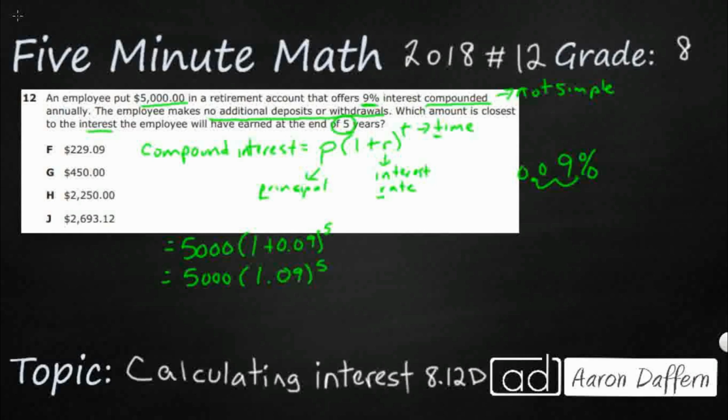All right, so everyone's calculator looks a little bit different, right? You might have a button that looks like this, the x to the y. If you have that button, you would type in 1.09, then hit the x to the y button. That means this 1.09 is going to be your base, and then the next number is the exponent, so you hit the 5, and then you hit equals.